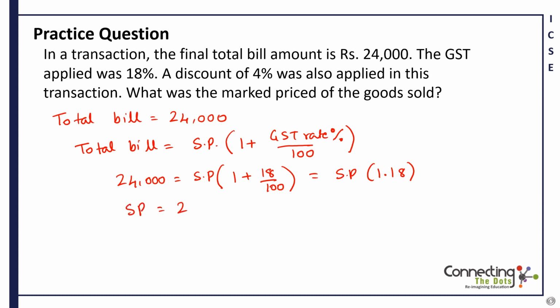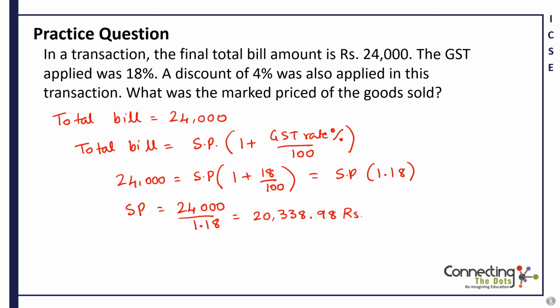SP is equal to 24,000 divided by 1.18, and this gives us 20,338.98 rupees. So this was the selling price of the service delivered, or of the goods sold.